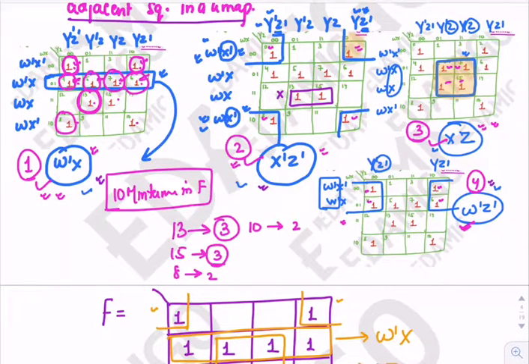So the third prime implicant is exclusively covering 13 and 15. The second prime implicant is exclusively covering 10 and 8. So these are the prime implicants which are exclusively covering a min term.